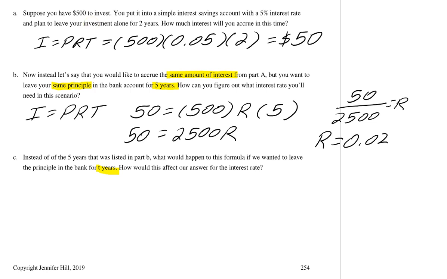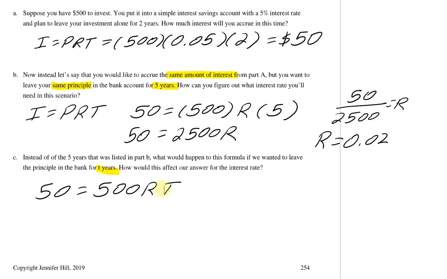So here's what this is trying to get at. I want to keep everything else the same, but I don't want to put in the 5 for the T. I just want to put in T for T. I still want to solve for R. So if this is now what I'm inputting instead of what I did up here, how does that affect my interest rate? Well, you're still going to divide, right?